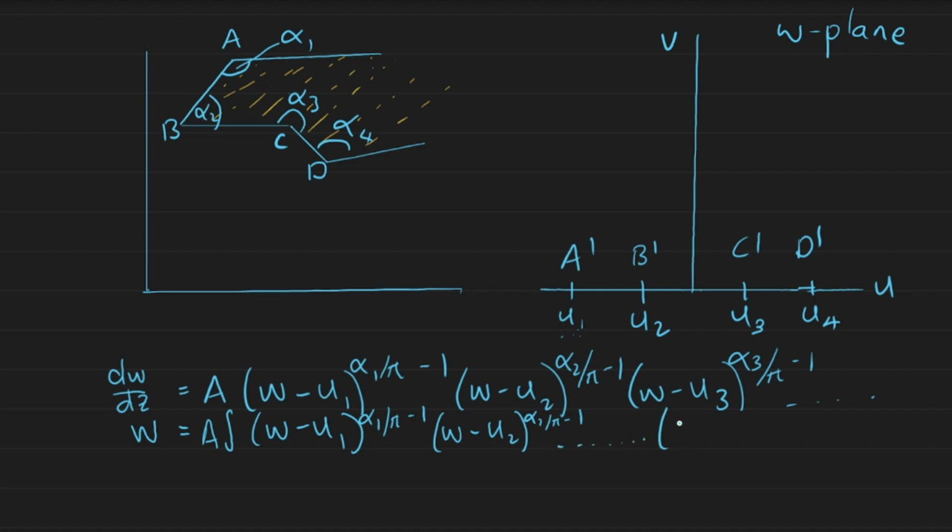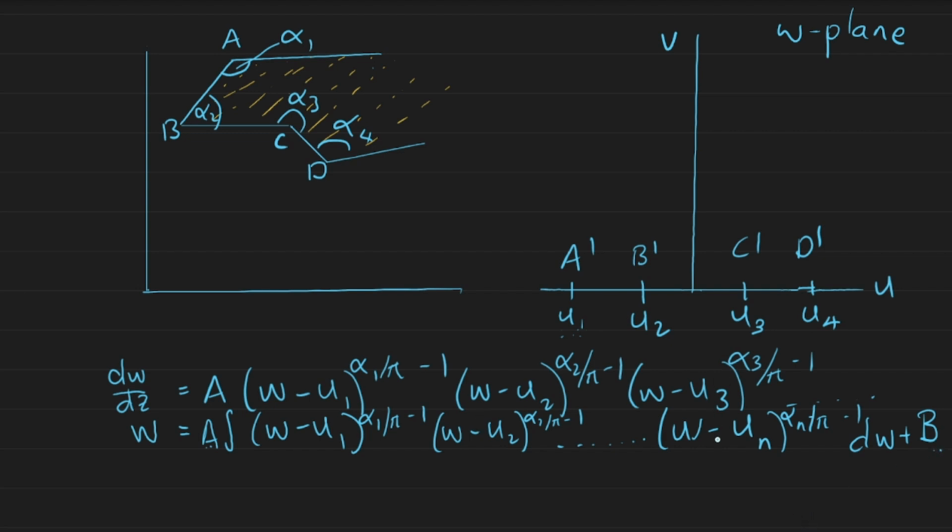The last term will be (w minus un) to the power alpha n over pi minus 1, and we'll have dw. This is what we're integrating. And then we have a constant of integration, because this is not a definite integral. So we'll have A and we have B.